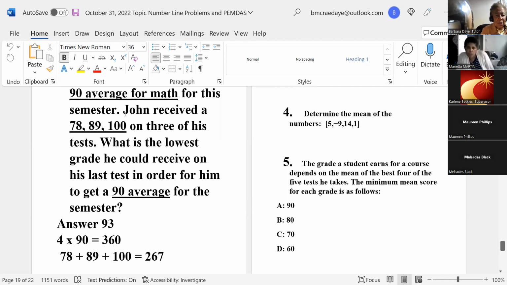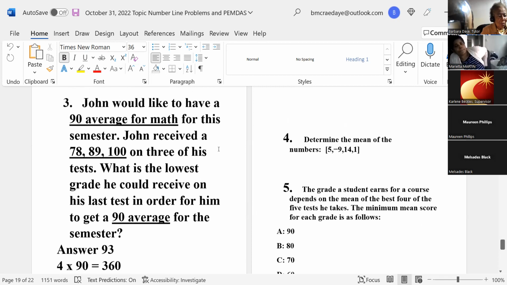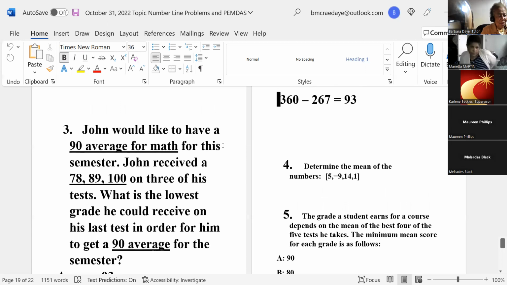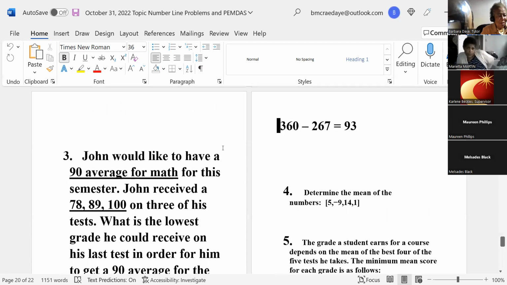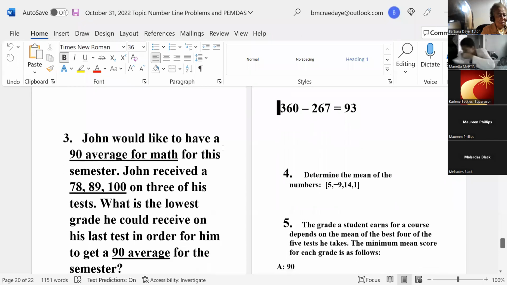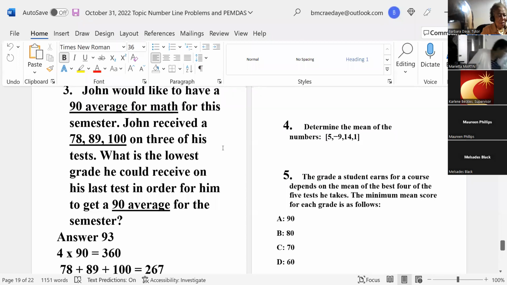Excuse me, I was a bit confused because in the first one you used the 4 to multiply the 90 to get the 360. I thought I would use the 4 to do the same when I get the total of the three numbers, when I add up 78, 98, 89, and 100.